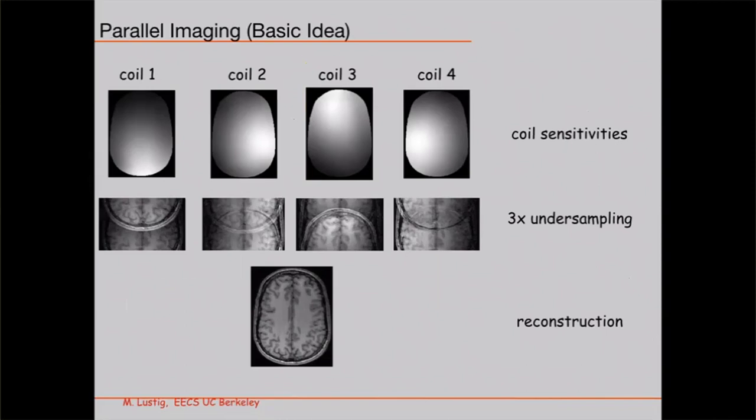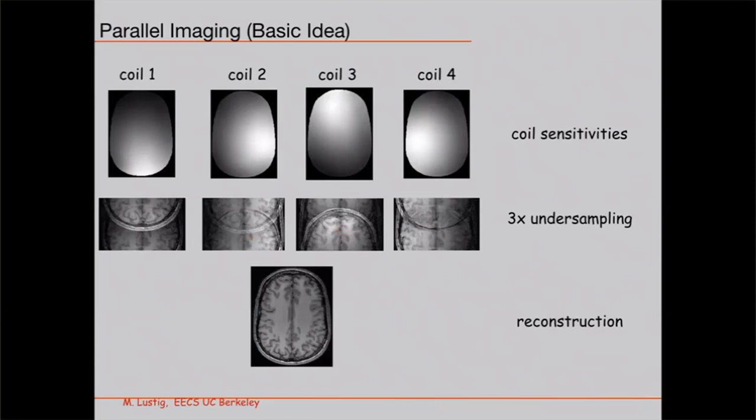So here's the basic idea of parallel imaging. I've got 4 coils, and each coil will have its own sensitivity. This one's sensitive at the bottom, this one on the right, this one on the top, this one on the left, and so on. I'm going to undersample, and I'm going to get folding of this image because I undersampled.